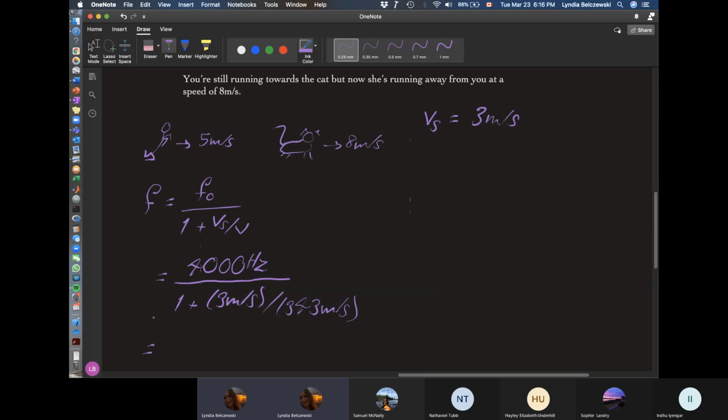And so again, that's why we have that plus sign in the denominator. I'm getting a frequency here of about 3,965 hertz. Still obnoxious, but a little bit lower than before.